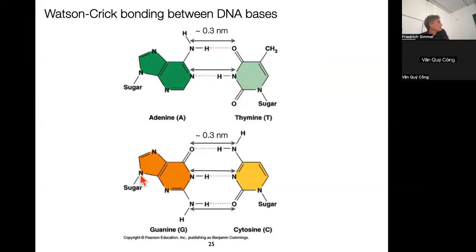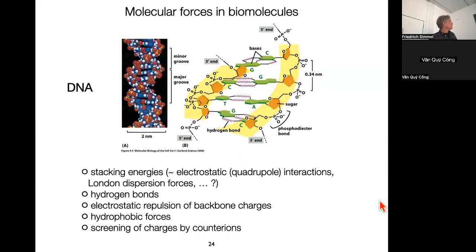And that is important in that it gives the DNA a constant diameter. Because if there was a different distance for the AT base pair than for the GC, it would change in diameter all the time.